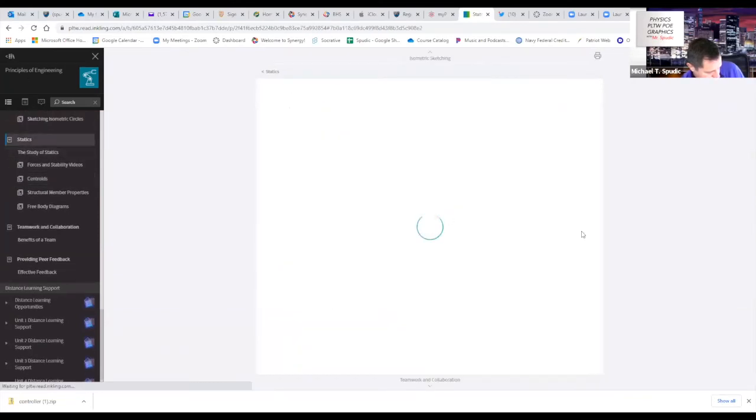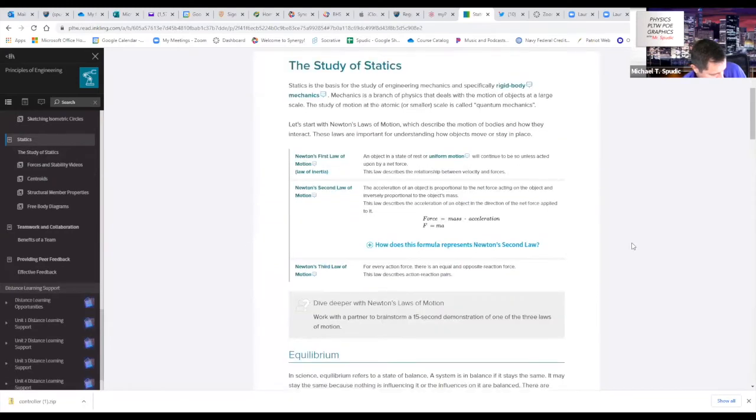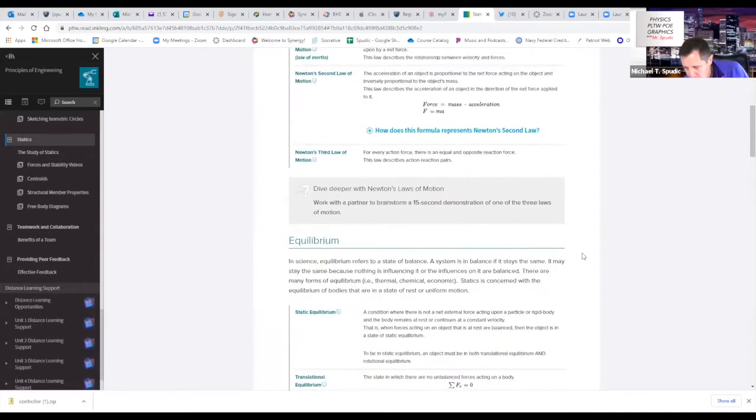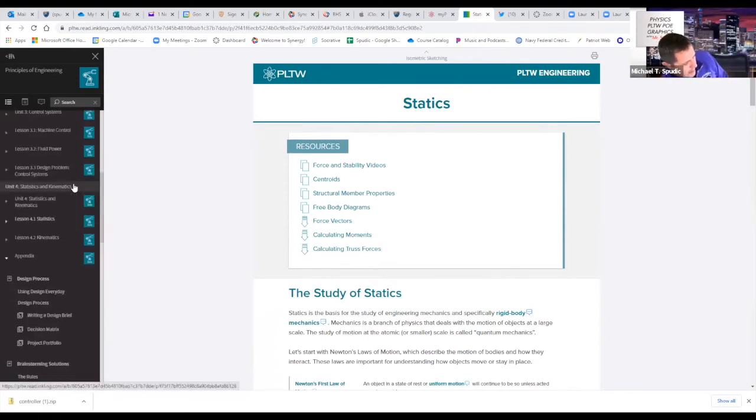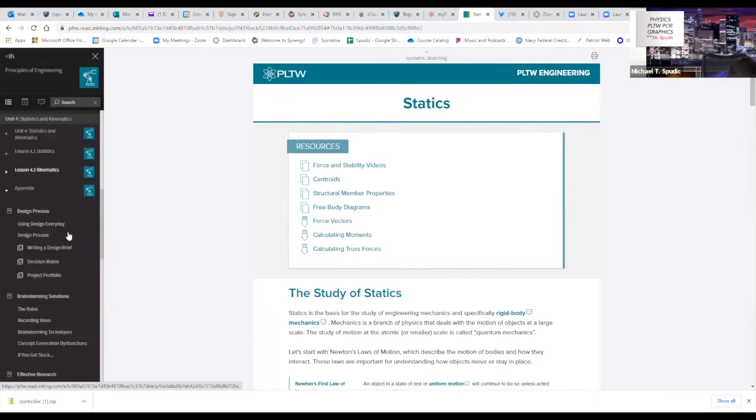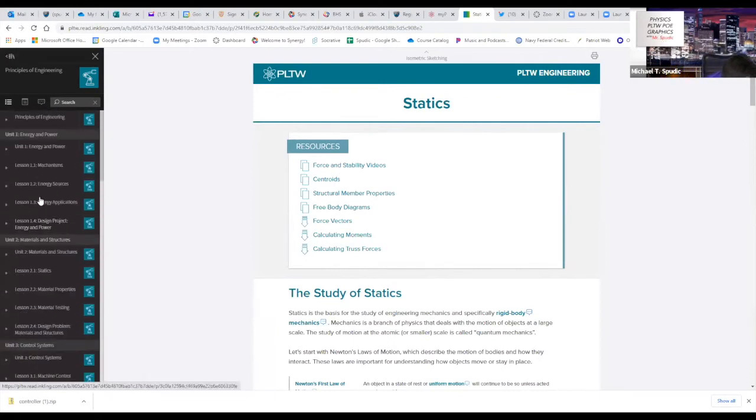Statics. Okay. Everybody see my screen there, the statics? Yes. Thank you. All right. So I want you to see where we're at. In POE, we have moved into unit 2 now, materials and structures, okay?